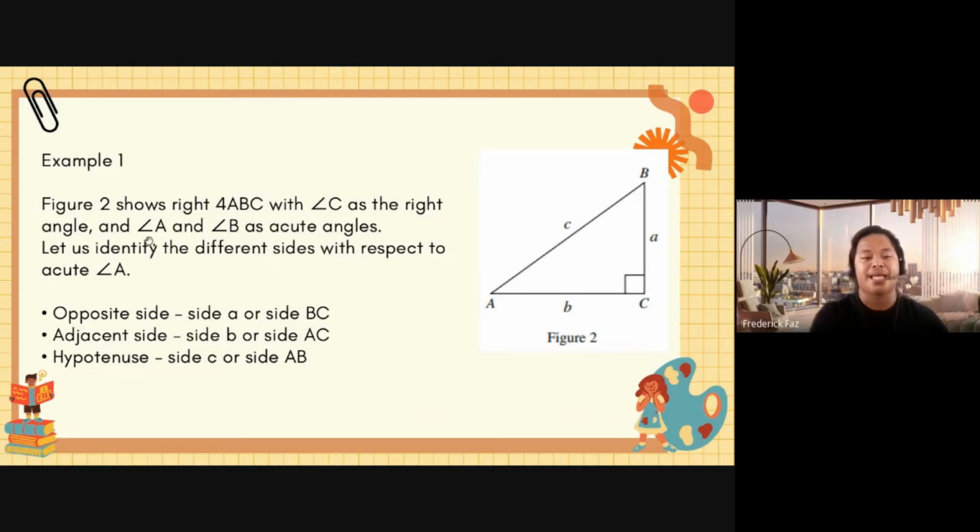Ito po. We have right triangle ABC with angle C as the right angle. So here is the right angle.